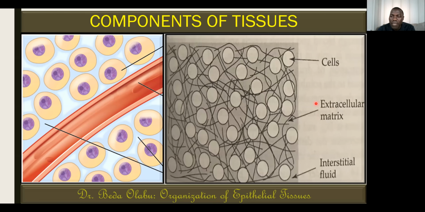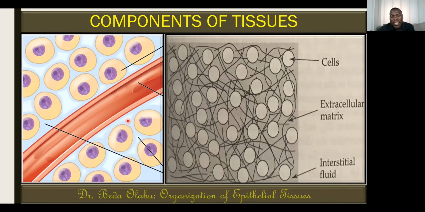So you can use the term extracellular matrix, which means the material outside the cells. Or you can use the term intercellular matrix, which means the material between cells. It is the same thing. So if these are cells, then this region is the matrix. It is outside the cell, or it is between cells, extracellular or intercellular.